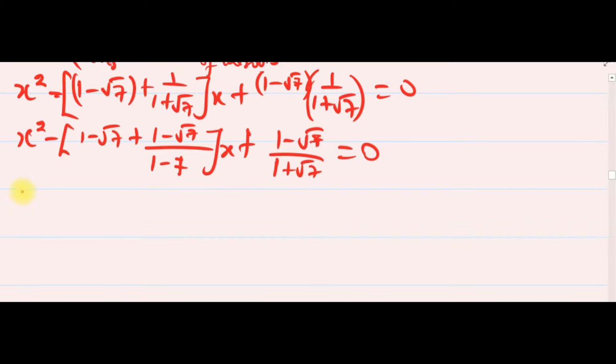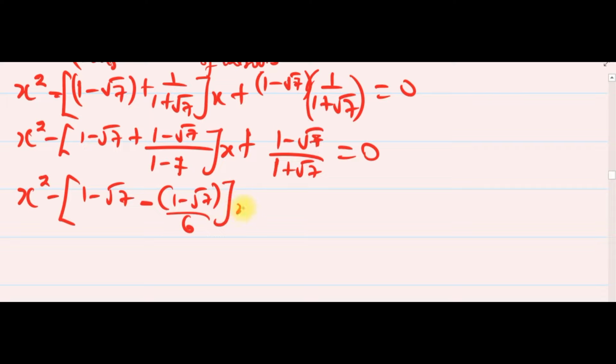We have x squared minus 1 minus root 7. You know this is minus 6, so minus 1 minus root 7 over 6 times x, plus this, which if you rationalize is 1 minus root 7 all squared, multiplying by the conjugate, 1 minus root 7, which turns to a difference of two squares, 1 minus 7, equal to 0.